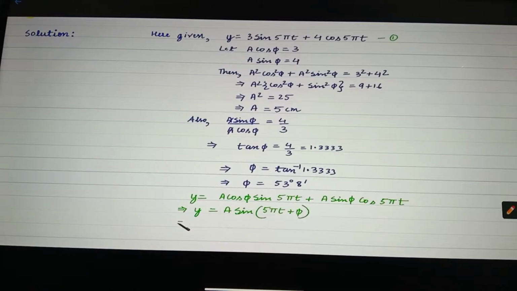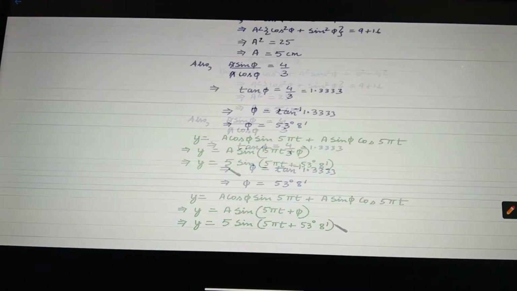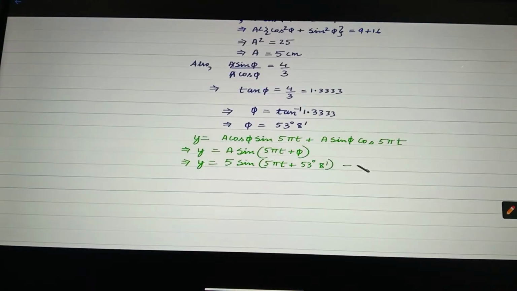So y is equal to, in place of A we can write 5, sine (5 pi t plus 53 degrees and 8 minutes). We can call this equation second.